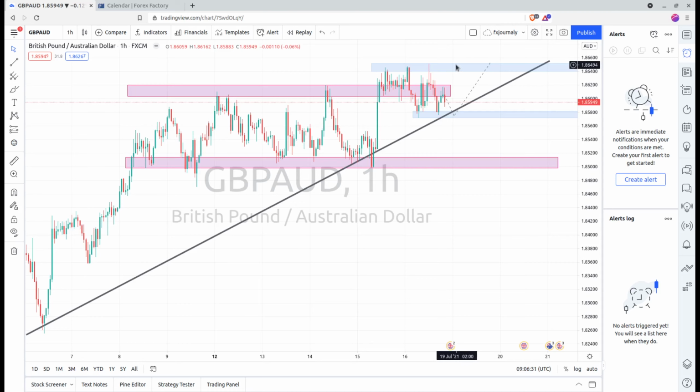But again, like I said before, the major moves don't typically happen in the Asian session. You expect that to happen during the London and New York sessions, but you expect the initial kind of fake out move to happen in the Asian session. That's when those type of moves happen.